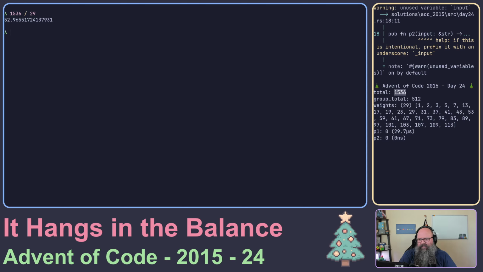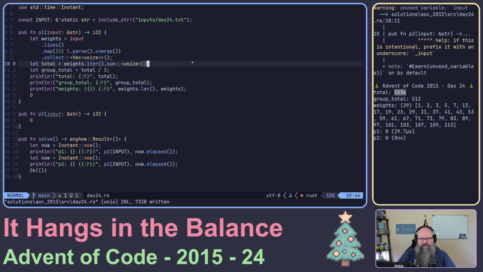And I need to get to 512. So on average, if I was just picking randomly, I would need about 10 weights to get to it, or I guess 10 packages. We can call this packages.